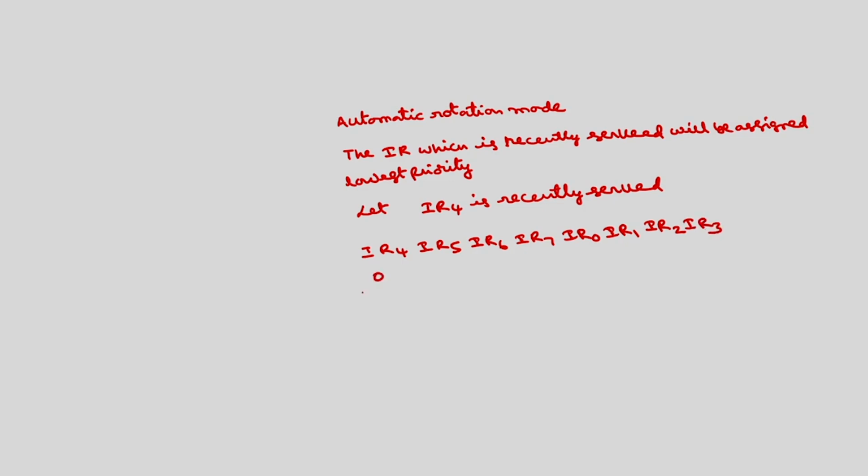So, IR4 will have lowest priority 0, then this will be 1, 2, 3, 4, 5, 6 and 7. This is the highest priority.